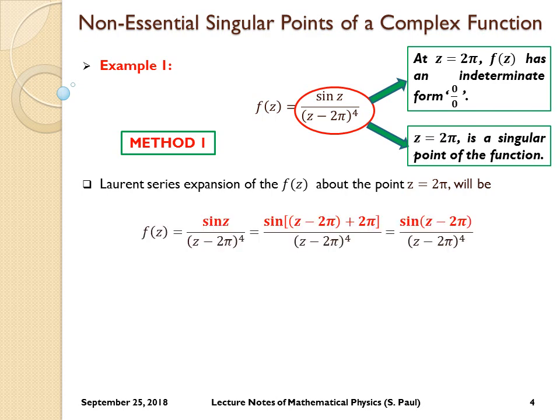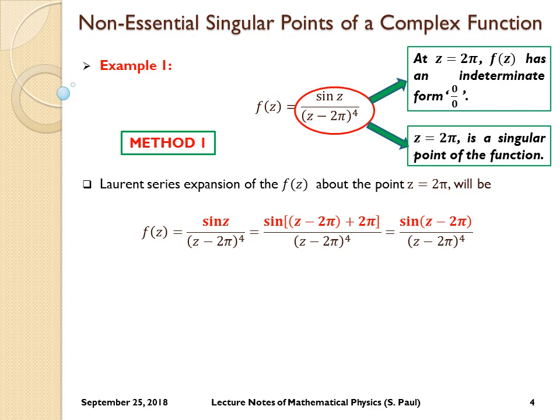So for that purpose, we have written sin z as sine of (z minus 2 pi plus 2 pi), and as we know, sine of (2 pi plus theta) is equal to sine theta, so the function will be equal to sine (z minus 2 pi) divided by (z minus 2 pi) whole to the power 4.